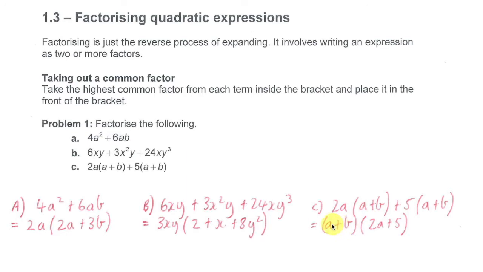So if I take the a plus b out and then open up a bracket, for this first term, if I have 2a being multiplied by a plus b and then I divide by a plus b, I'm going to be left with 2a. And for the second term, if I've got 5 lots of a plus b and I divide by a plus b, I'm going to be left with 5. So that's how we come from this situation to 2 brackets.